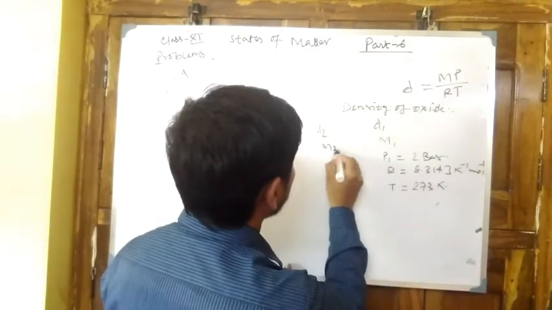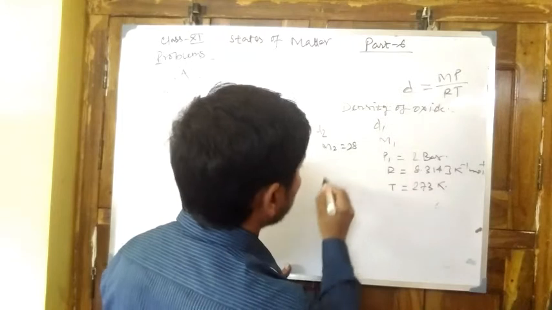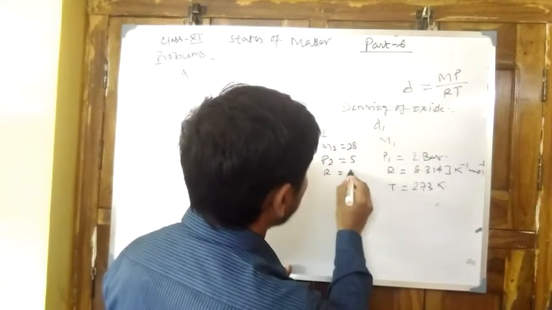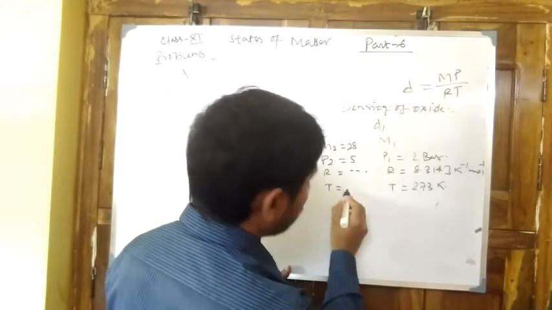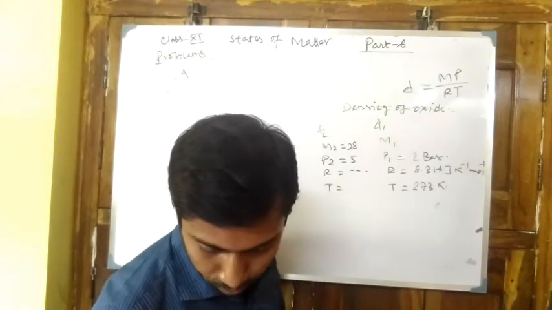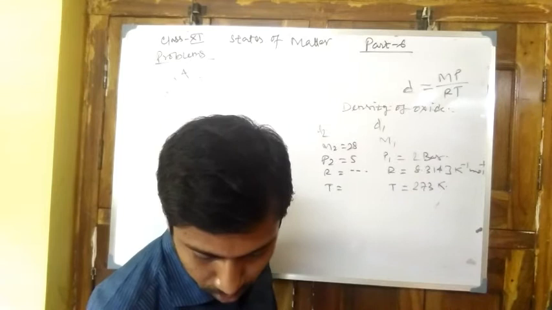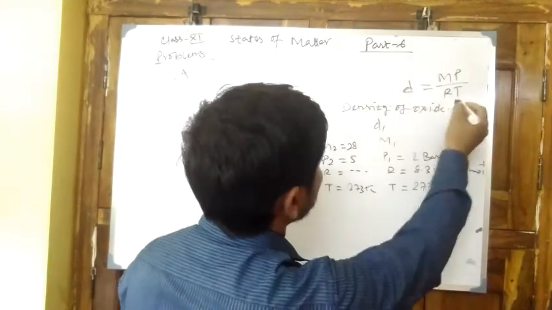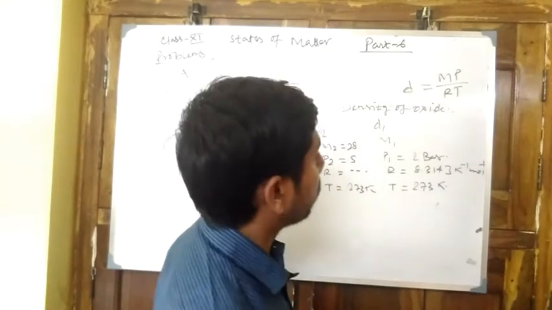M2 is equal to 28, P2 is equal to 5, R is the same, T is the same, that is 273 K. There is only one value for T.